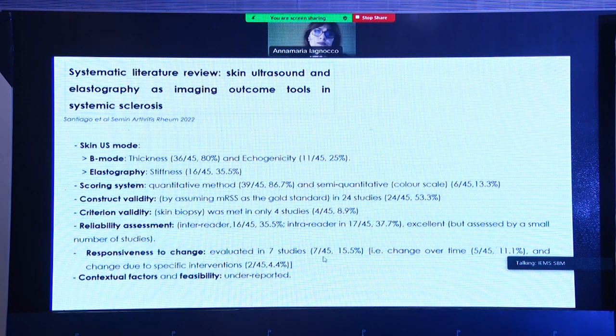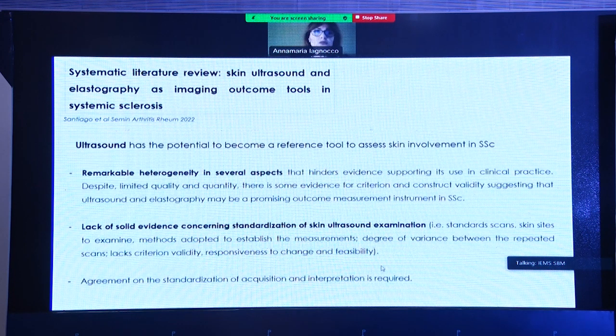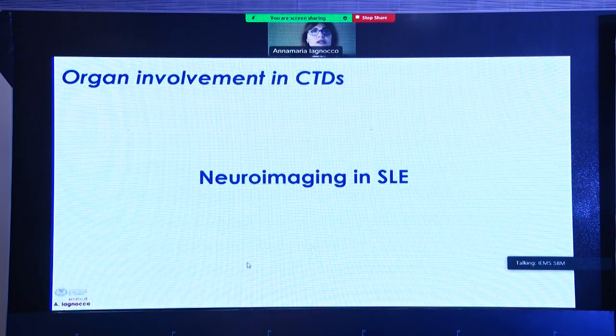Globally, the studies currently available in the literature show good inter-observer reliability, and a few studies also evaluated the responsiveness to change. So ultrasound has the potential to become a reference tool to assess the involvement of the skin in systemic sclerosis, but there is heterogeneity in different studies, and there is a need for standardization.